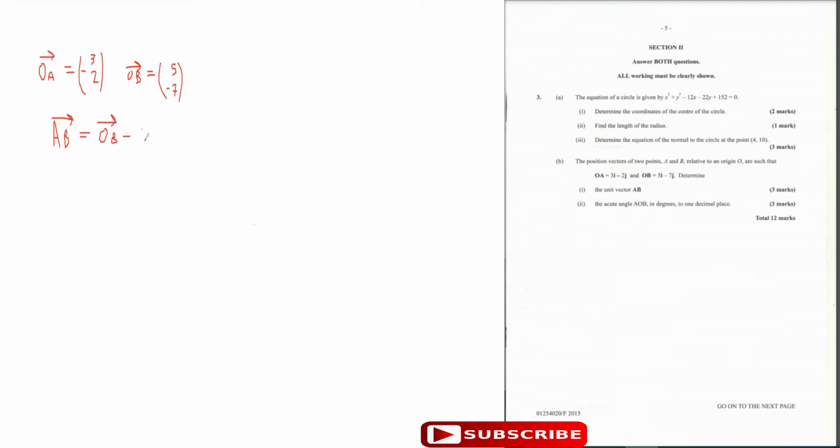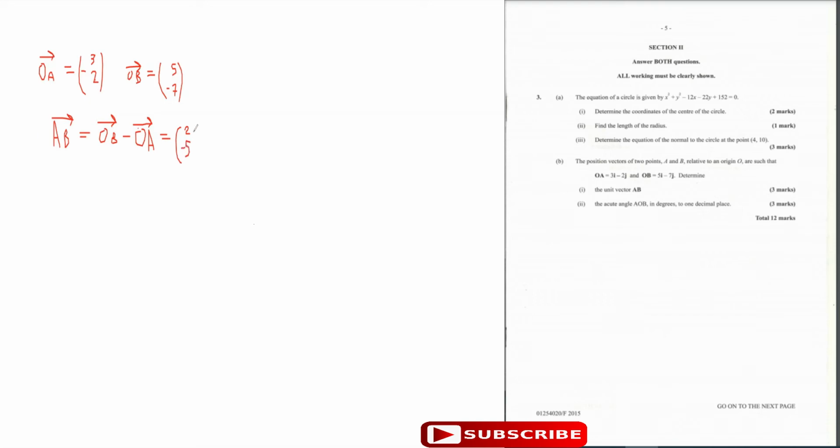So all we need to do is work this out. Vector AB is vector OB minus vector OA. So it's going to be 5 minus 3, which is 2, over negative 7 minus negative 2. So that's minus 5.